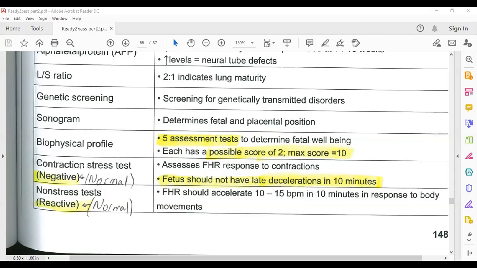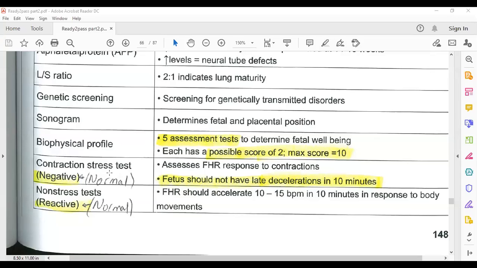If the contraction stress test is positive, it indicates abnormal findings. So if the contraction stress test is positive, it indicates abnormal findings: late deceleration present in 50% or more of contractions, indicating uteroplacental insufficiency.